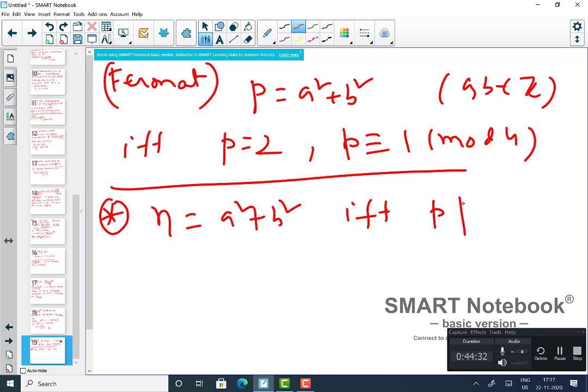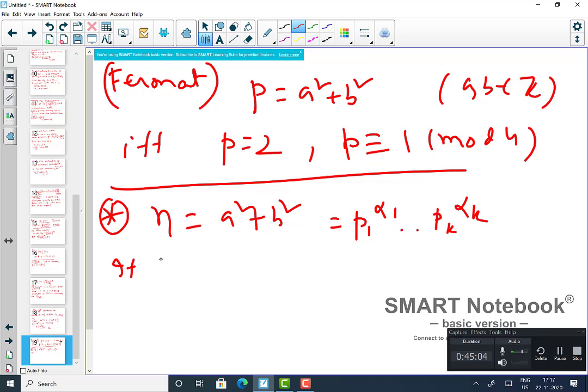there does not exist any prime p congruent to 3 mod 4 that divides n to an odd power. Then this cannot happen. So how do I write it down? You write n as p1 to the alpha 1 through pk to the alpha k.